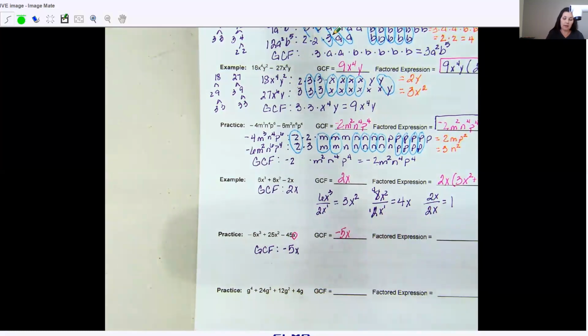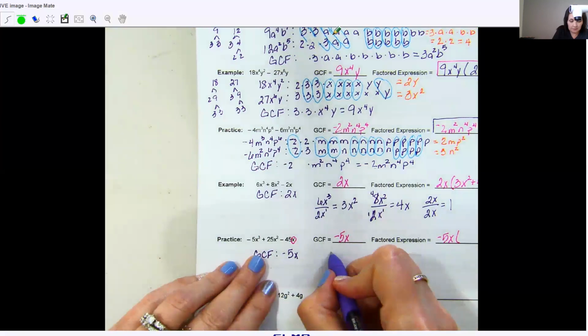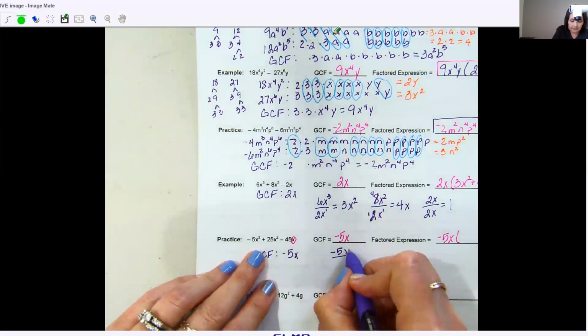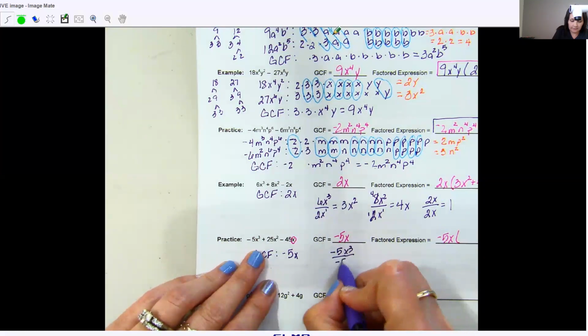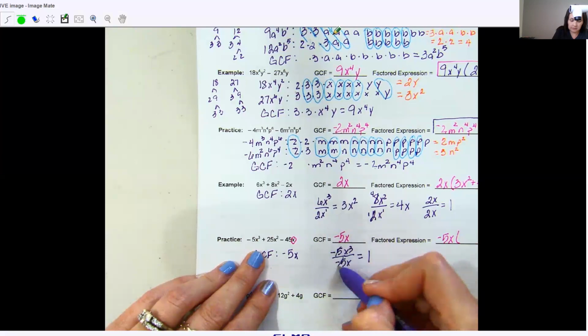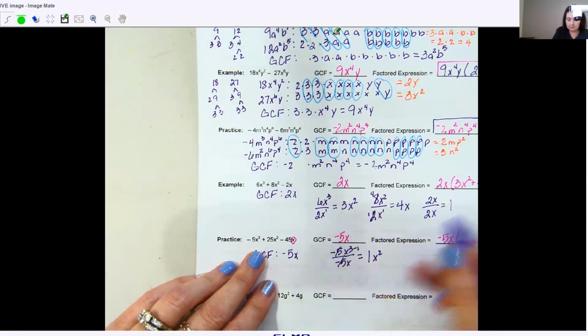And then I am going to take each term and divide it by -5x. So -5x cubed divided by -5x gives me a 1. Those cancel out, and then it's x squared because 3 minus 1.